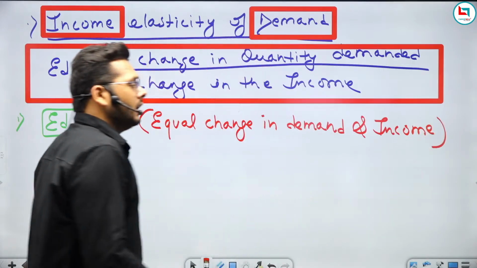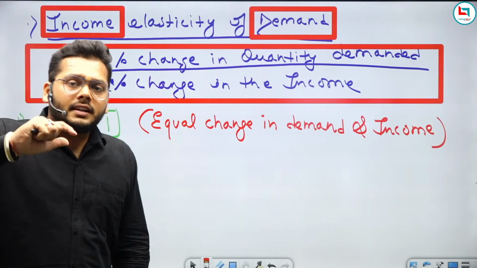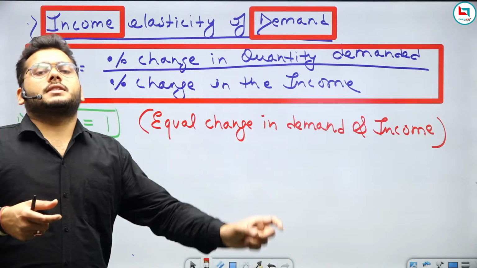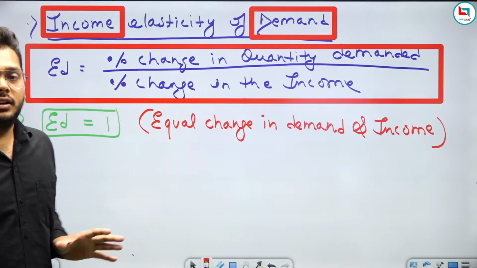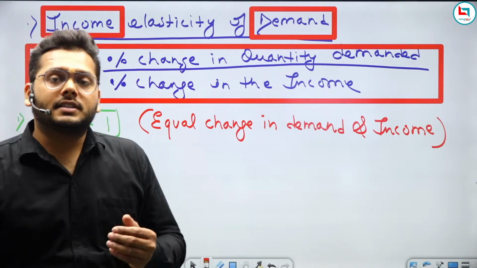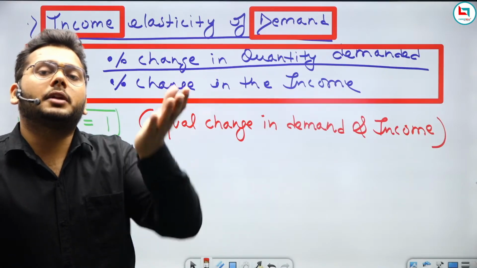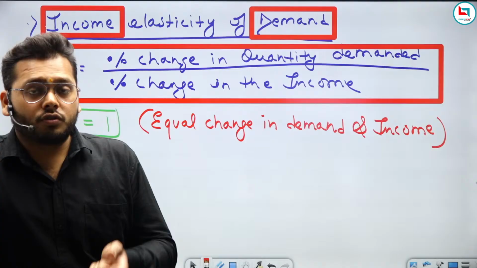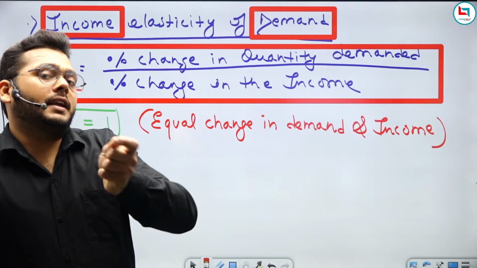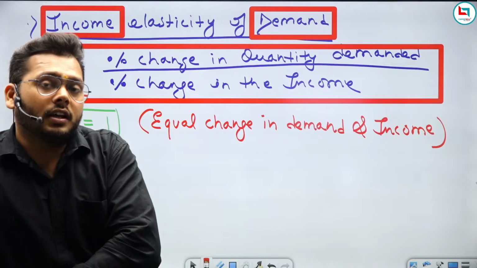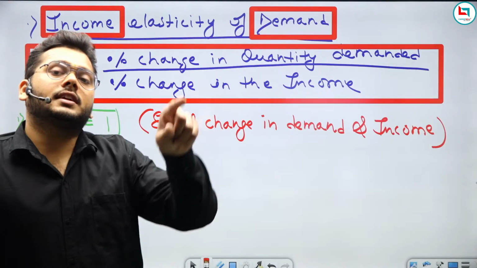It means the percentage change in the income will be exactly equal to the percentage change in the demand, right? If your income rises by 10%, your demand is also rising by 10%.